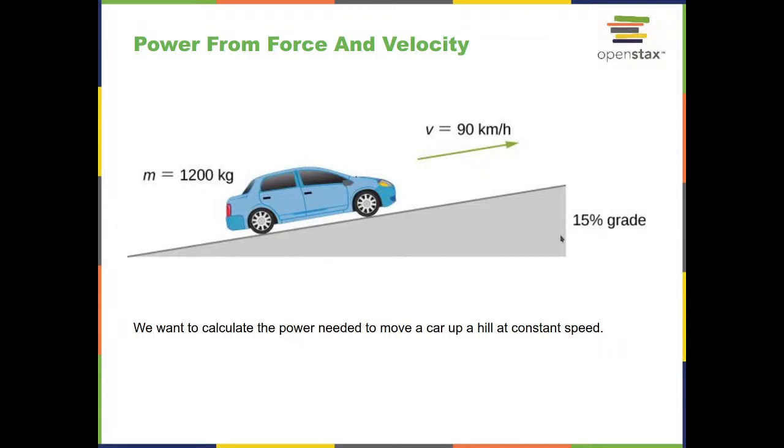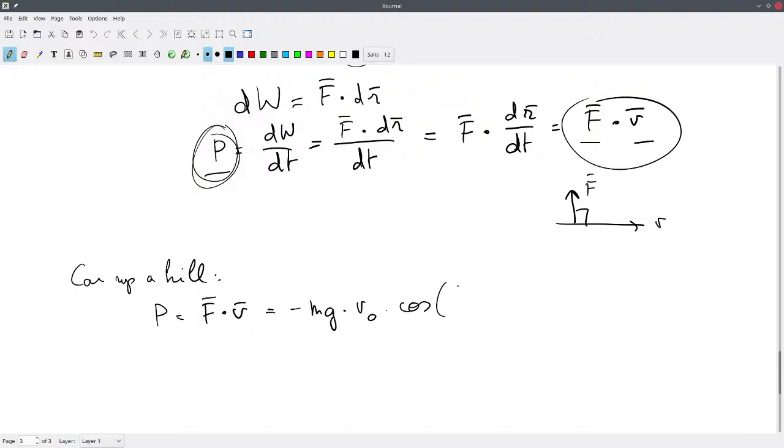So that's going to be the slope, the 15% grade, plus 90 degrees, because the force is vertical and this slope is with respect to the horizontal. So that's going to be the cosine of 90 degrees plus the inverse tangent of 15%, which is the angle corresponding to the slope of 15%. So that gives us our power.